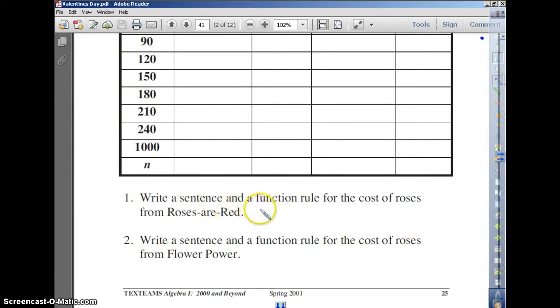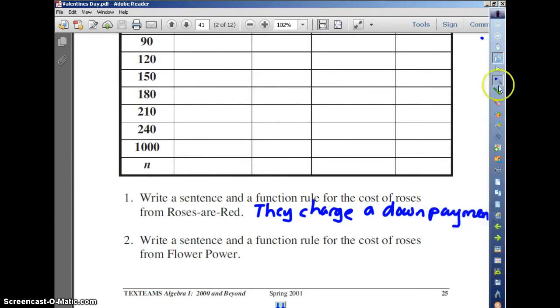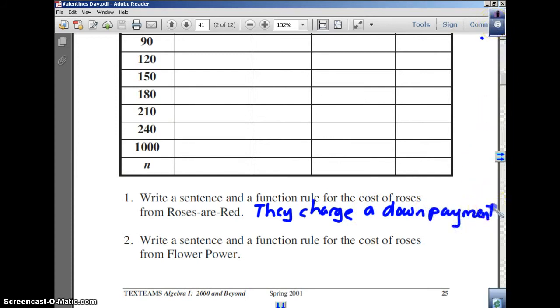They charge a down payment of $20 plus what? 75 cents per stem.